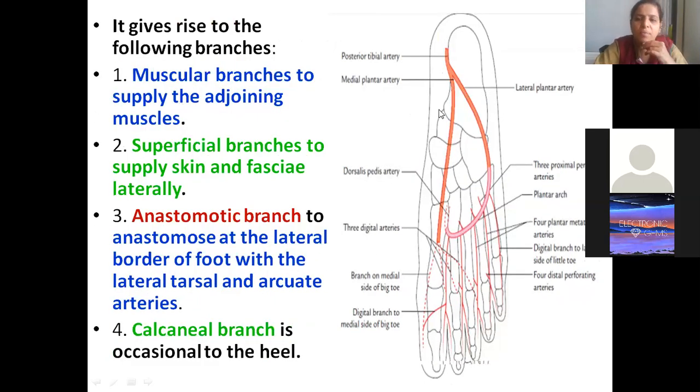Then we are talking about the lateral plantar artery. We know it gives muscular branches to the adjoining muscles; you need not be very specific. Then it supplies branches to the skin and fascia. It has an anastomotic branch to anastomose at the lateral border of the foot with the lateral tarsal and arcuate arteries. Do you remember which artery these are branches of?